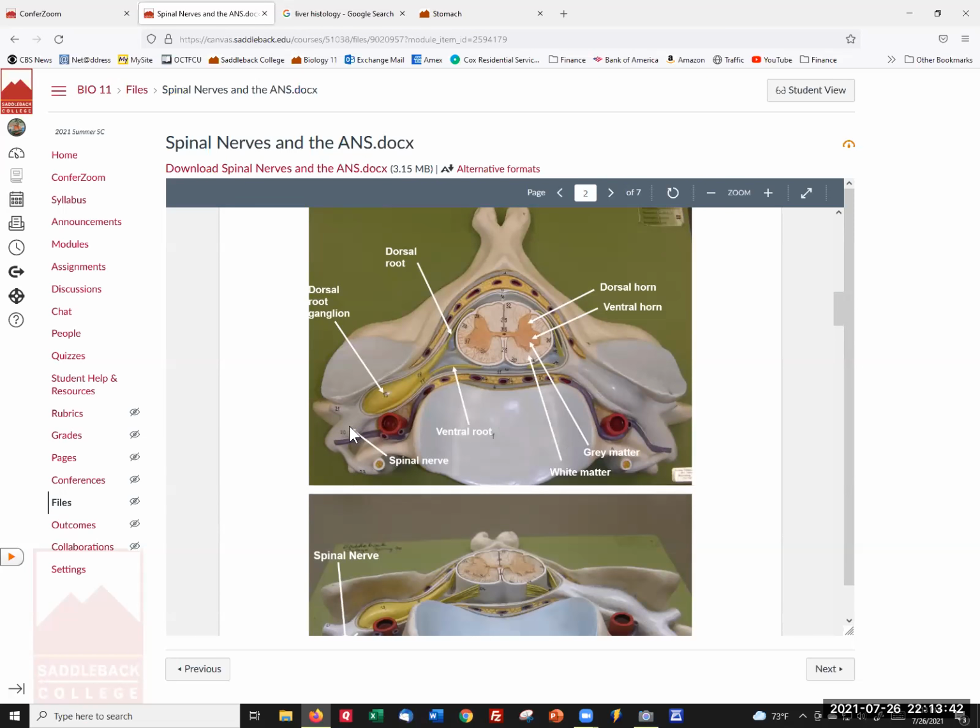The only thing I want to show you here is just this little piece here. This is what was in yellow just a moment ago. The afferent nerves go in through the dorsal side, the efferent come out the ventral side, but both pass through the spinal nerve.